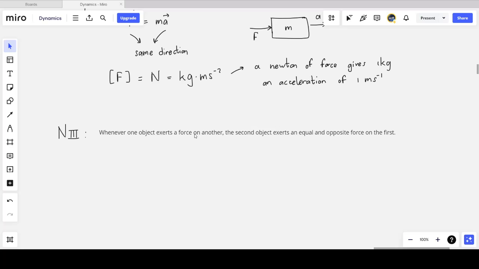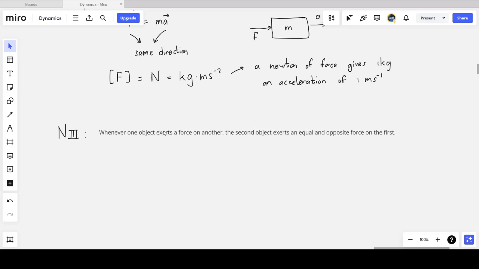But remember, when I push on the box, I'm considering all of the forces acting on the box, the friction, my push, etc. But on my hand, there may only be one force, that is the force of the box. And so these two forces act on different objects, not on the same object. Hence, we can still have unbalanced forces and the universe is fine.